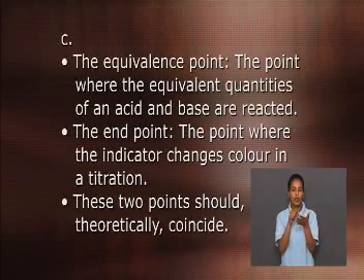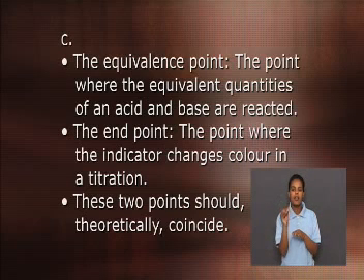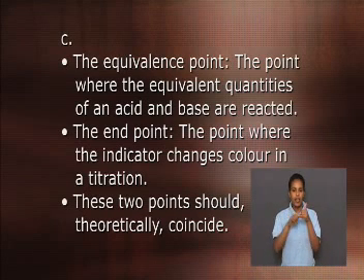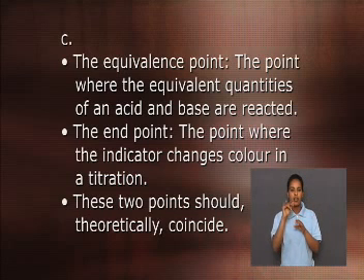The equivalence point is the point where the equivalent quantities of an acid and base are reacted. The end point is the point where the indicator changes color in a titration.